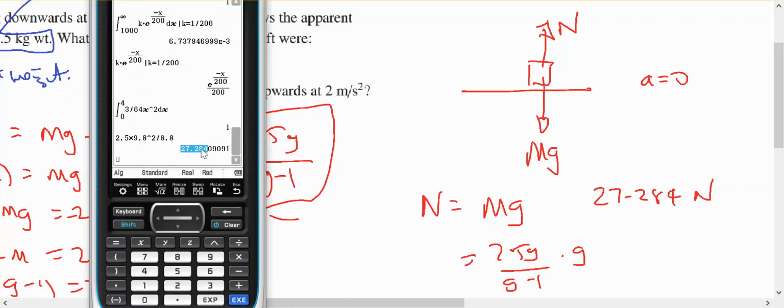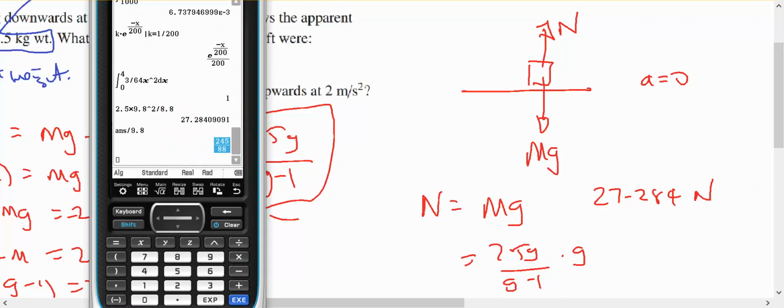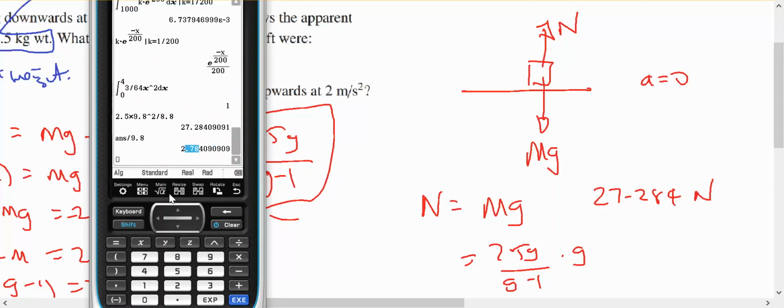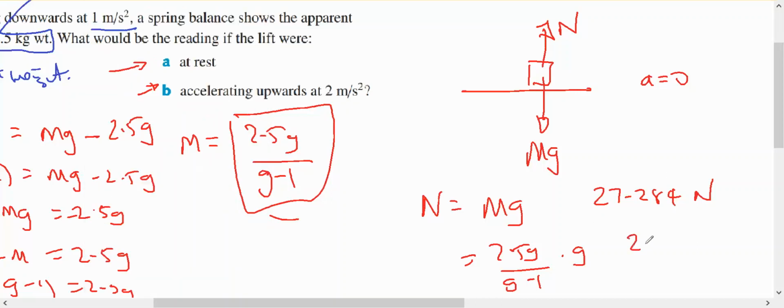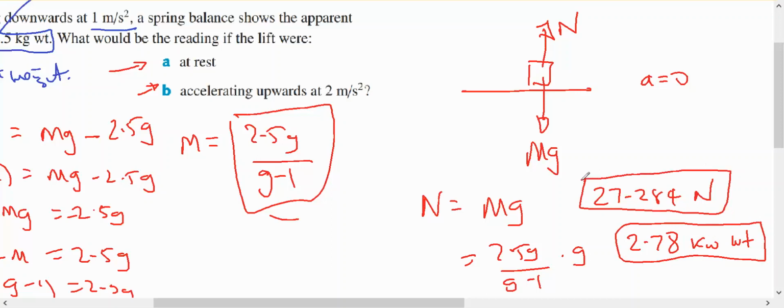So that answer divided by 9.8 gives me an answer of 2.78 kilogram weight. So I can give my answer in kilogram weights, or I can give my answer in newtons. But that's what the apparent weight will be when I'm at rest.